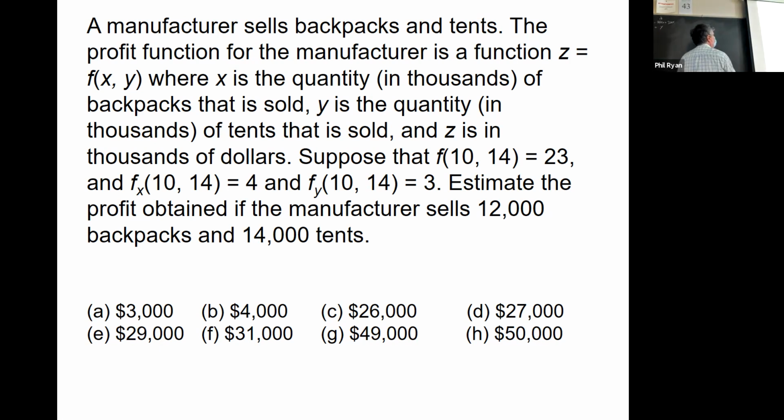How much profit do we get from selling 12,000 backpacks and 14,000 tents? Well, it's going to be F. F is our profit function, but x and y are in thousands. So x is backpacks, and this is (12, 14).